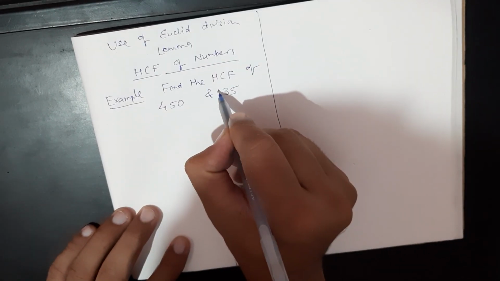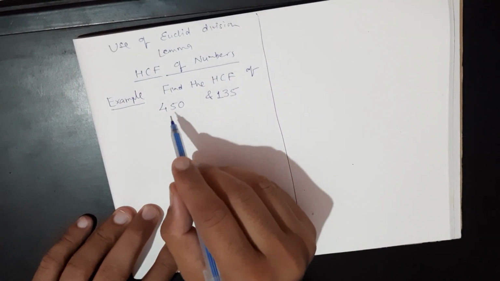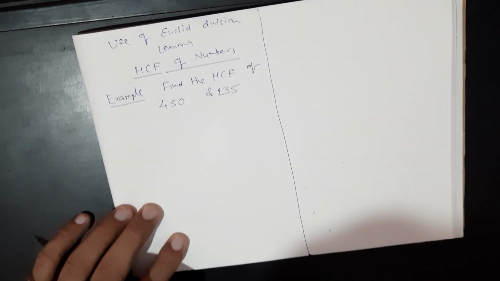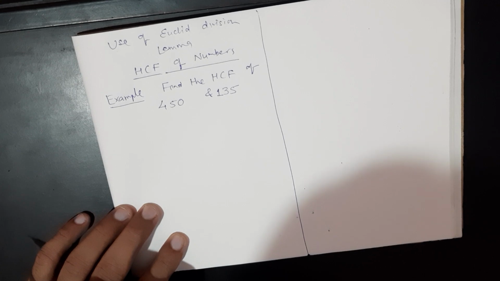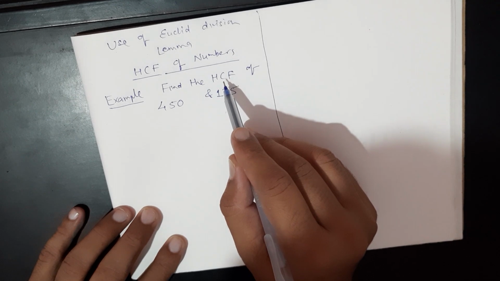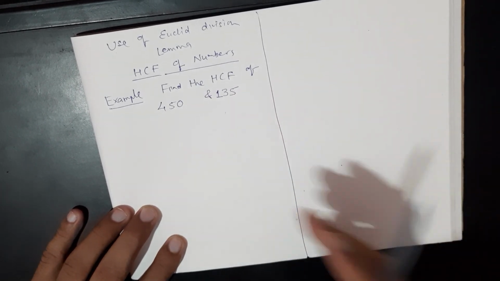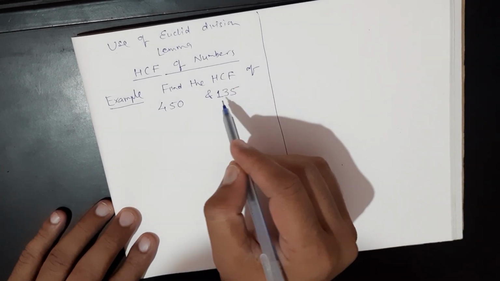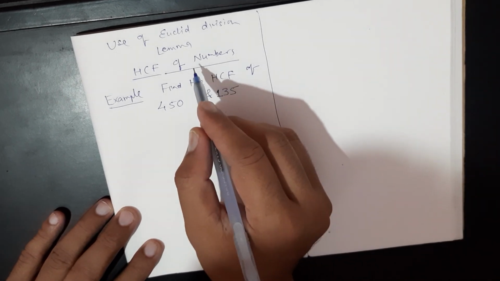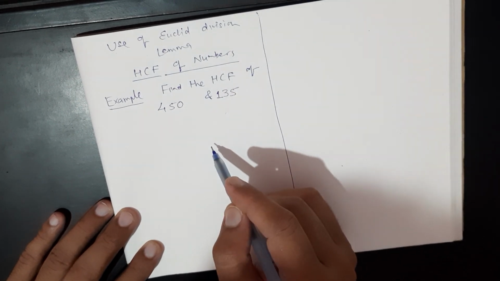Let me say that the so-called procedure of HCF is by factorization method, but this is not in this year's syllabus. We have to go through the Euclid division lemma. So how to use Euclid division lemma and how to find HCF by this lemma, let's see.